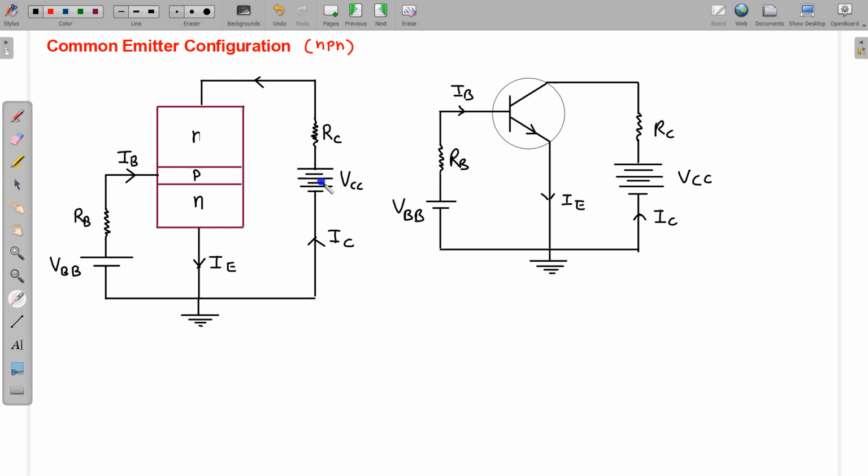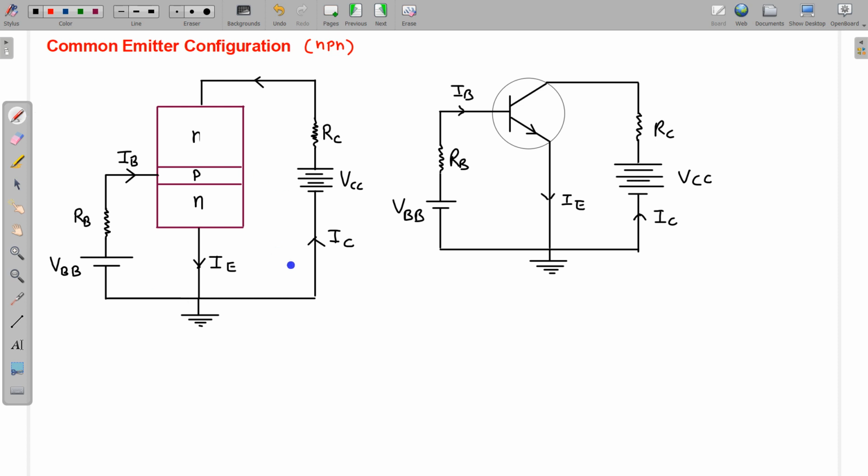In coming time I will discuss why this battery has more voltage than this battery. Let us write some equations regarding this circuit. At this junction I can write that IE is divided into two parts, IB and IC.